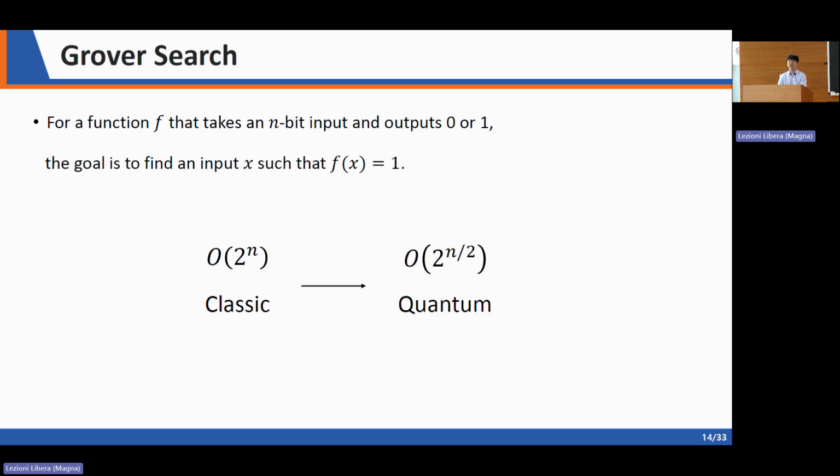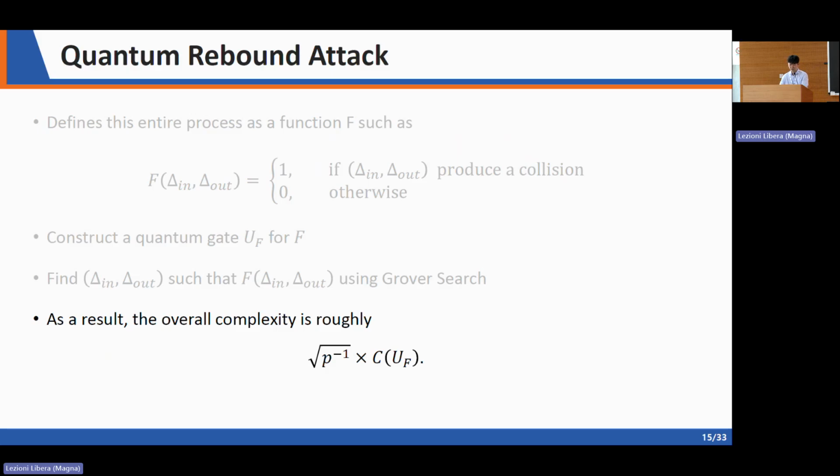In the classical setting, this requires 2^n evaluations of the function, but in the quantum setting, Grover search requires only about 2^(n/2). So the overall complexity of quantum rebound attack is roughly the square root of P inverse multiplied by the cost for the U_f gate.